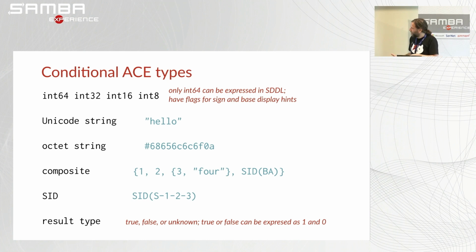It's just like a list, except they're only ever used with the same types all the way through. So you can construct them like that with all these things, but I haven't found anything that would use anything but, say, a list of SIDs, or purely SIDs or strings or something. And then there's the result type, which is like a Boolean with the unknown.